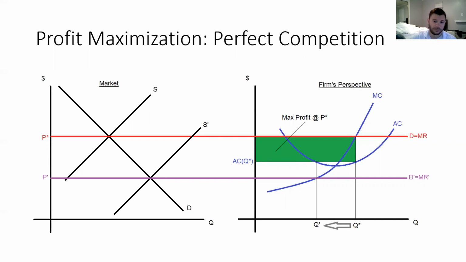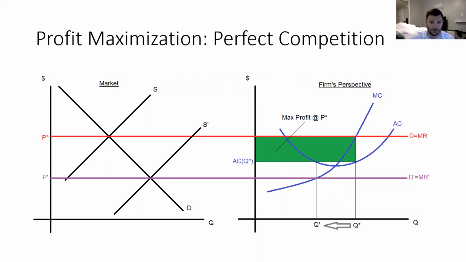Okay, remember, in order for us to assess the shutdown condition in the short run, we would also need the average variable cost curve drawn. So let's assume for the moment that the average variable cost is much lower than the current market price. So the firm is not going to shut down, meaning it produces Q prime.